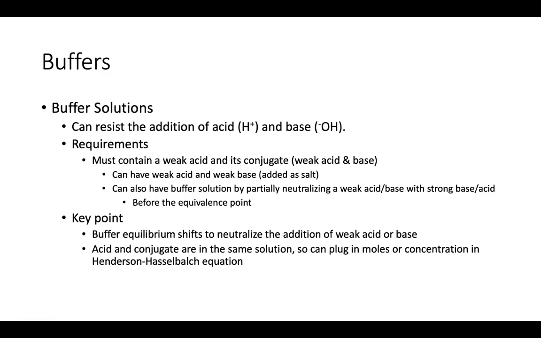Okay, so the classic example I always use is your weak acid might be hydrofluoric acid, HF, and to that you would add the conjugate in terms of a salt. So you might add sodium fluoride, NaF, right? The sodium we don't really care about there. What we care about is the F minus that we're adding through NaF, right? So if you have HF and F minus, you have your acid and your conjugate base, you have a buffer system.